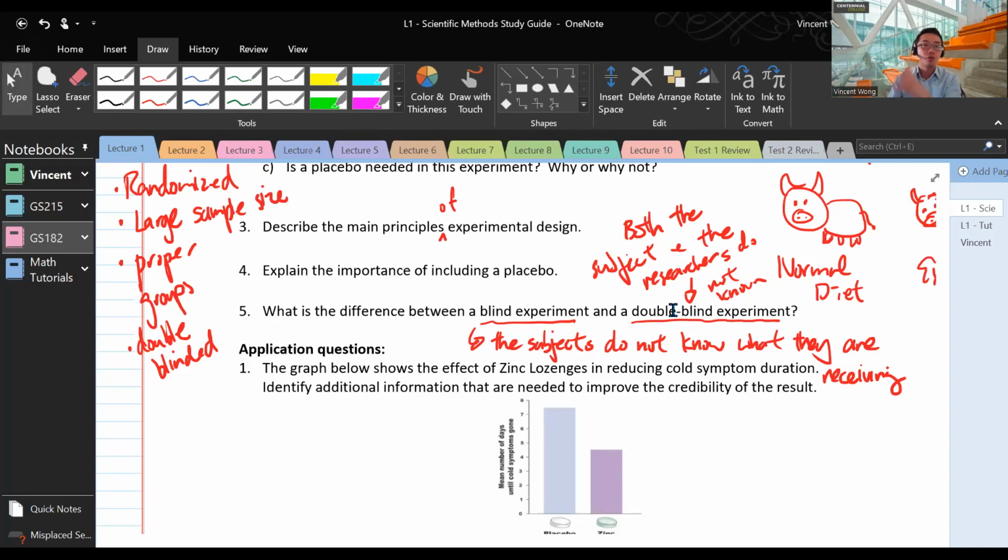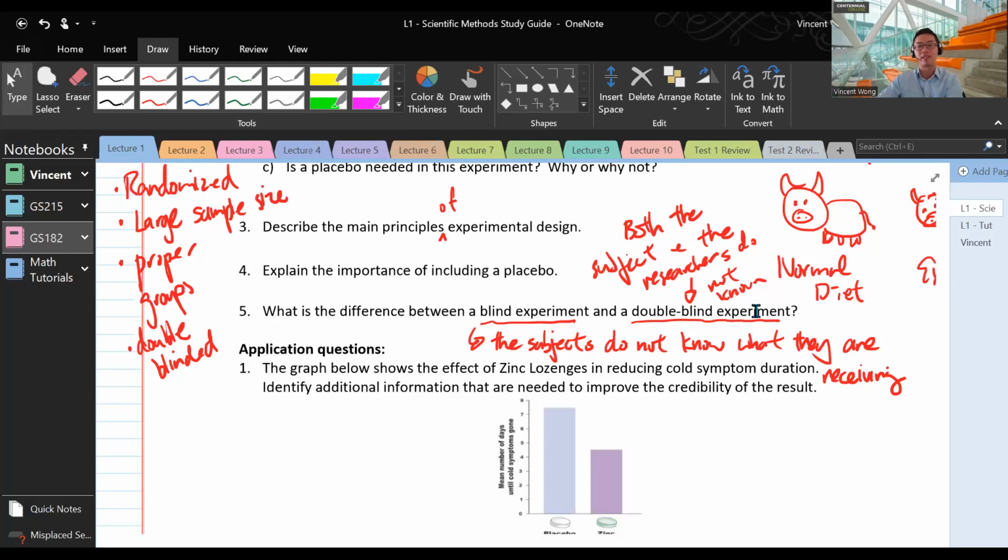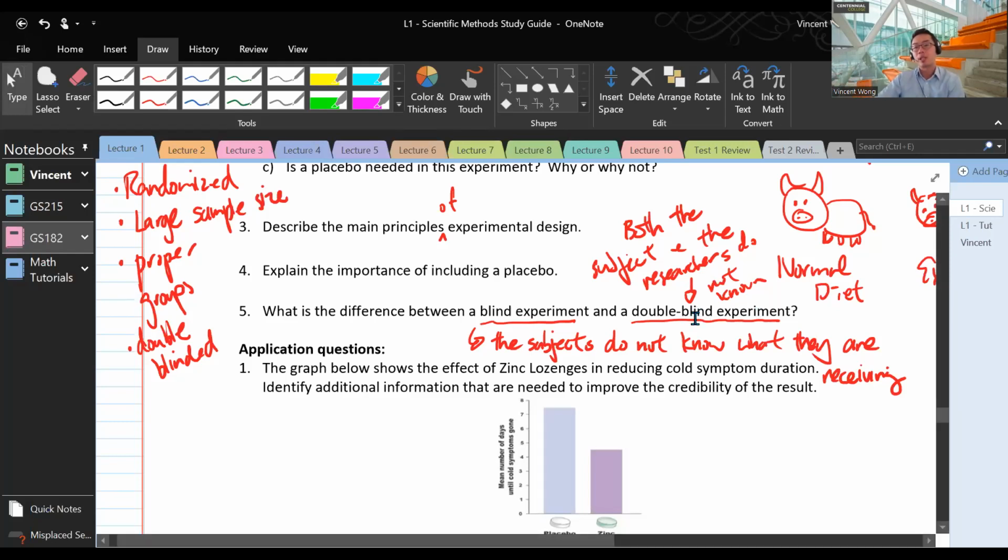They hold the key to who received what. The clip played recordings from the room where the Pfizer executive was meeting with the third party, who announced the results of the double-blind experiment. It was like, oh, it's 96% efficacy or something like that, and everybody was cheering. So that's what double-blind is.